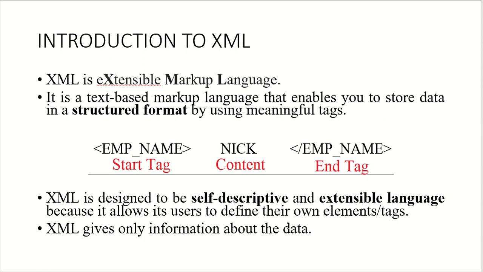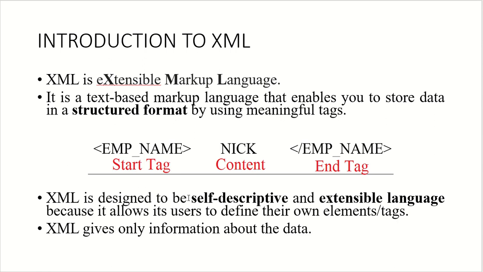So I hope this slide is clear to you, that the full form of XML is Extensible Markup Language. It is a text-based markup language that enables you to store data in a structured format using meaningful tags.